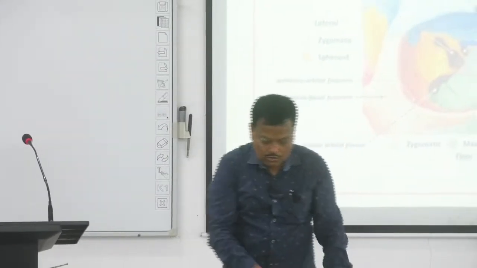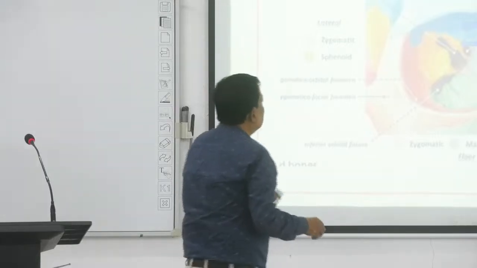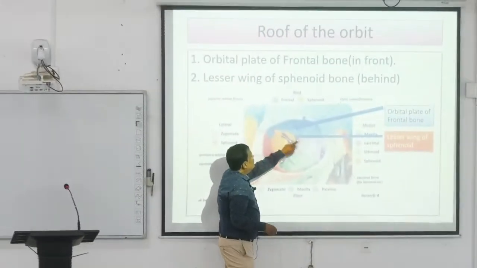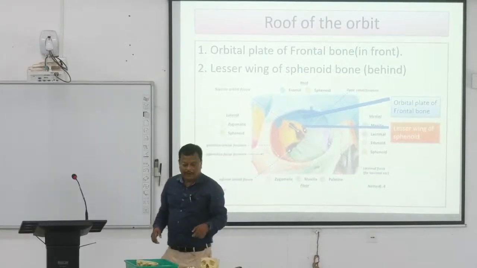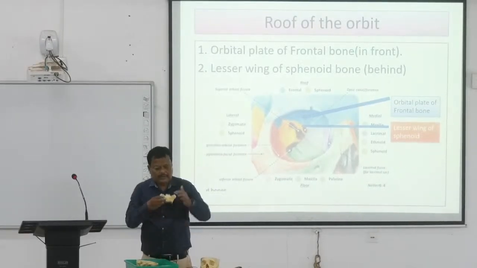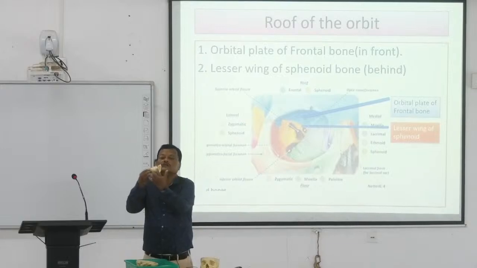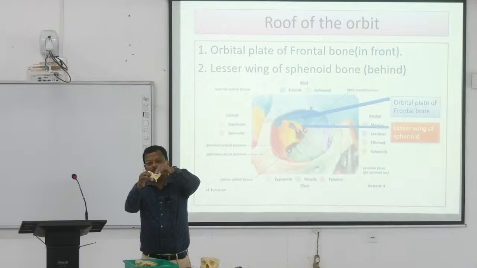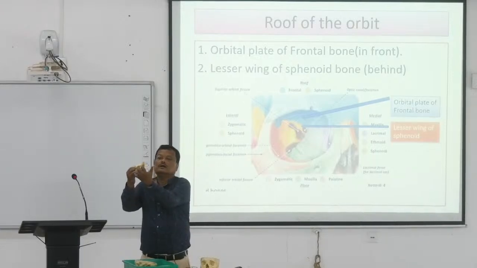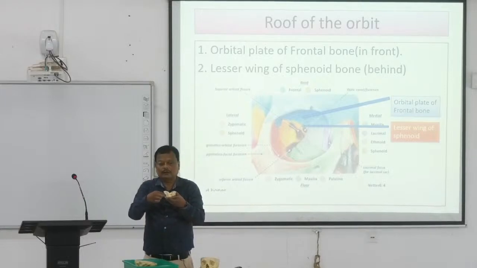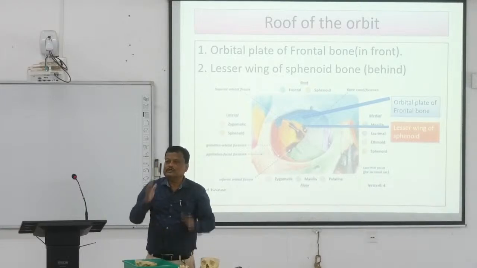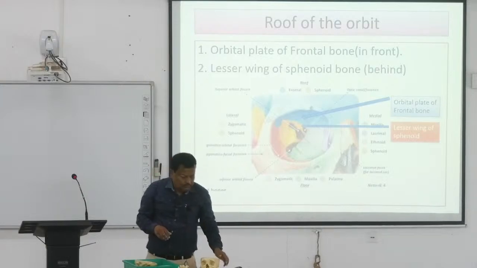A small part of the roof is formed posteriorly by the lesser wing of the sphenoid bone. একদম স্মল পার্ট অফ দ্য রুফ, আন্ডার সারফেস, ওপরেরটা নয় কিন্তু, ওপরে ব্রেন বসে আছে, এটা হচ্ছে মিডল ক্রেনিয়াল ফসা। আন্ডার সারফেস অফ দ্য lesser wing of the sphenoid bone. These form the roof. আর ফ্লোর কে ফরমেশন করে?